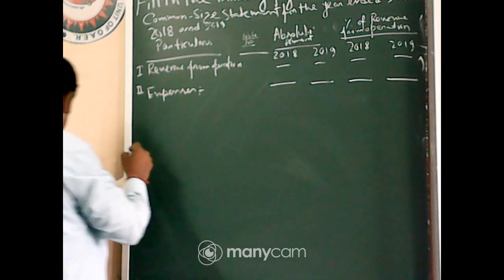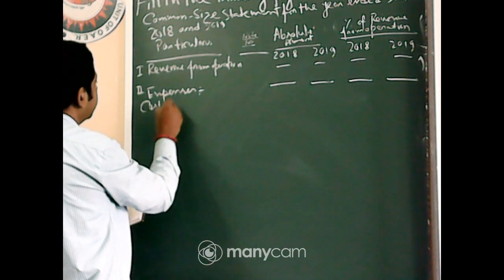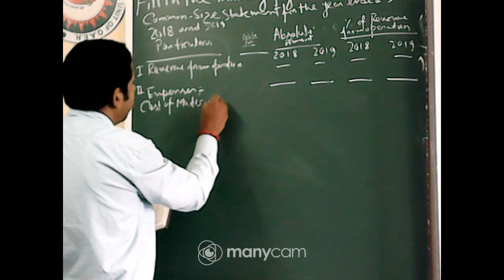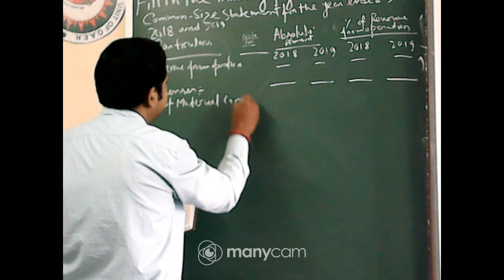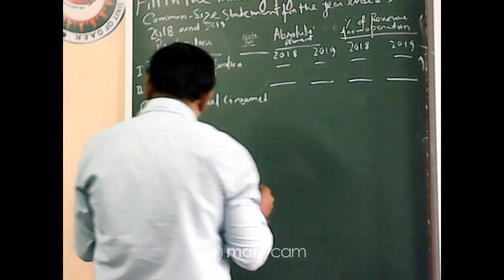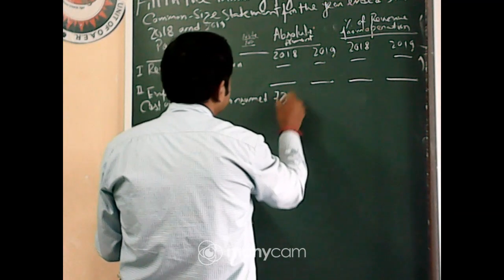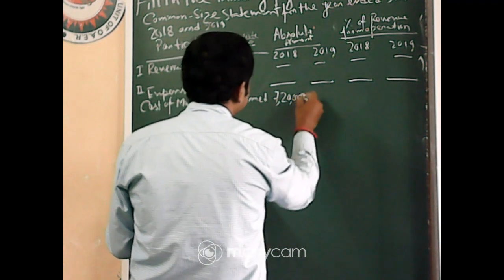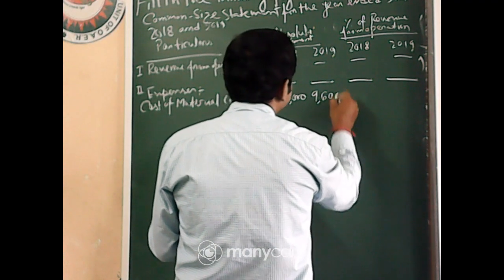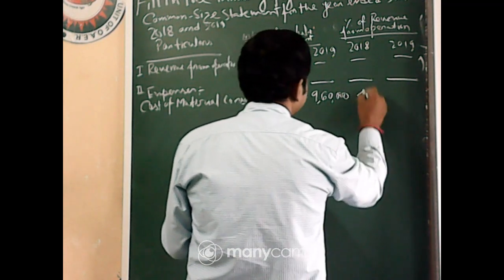In expenses, first there is cost of material consumed, that is 7,20,000 and 9,60,000, and their percentages are also given.